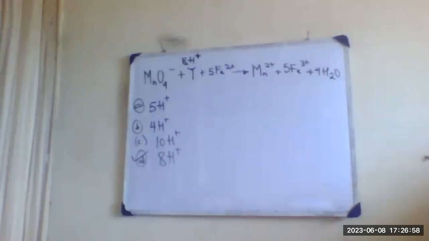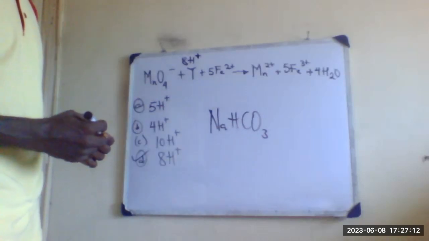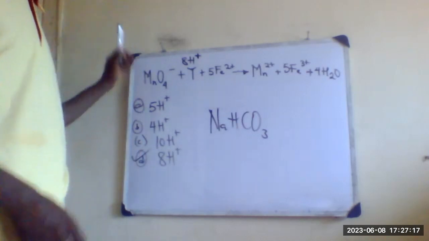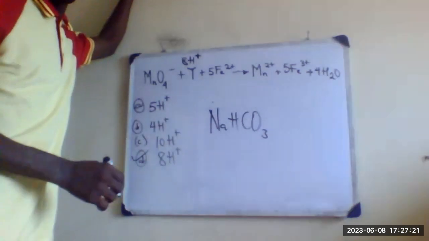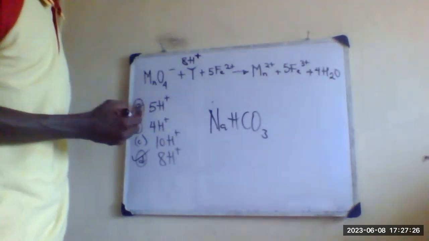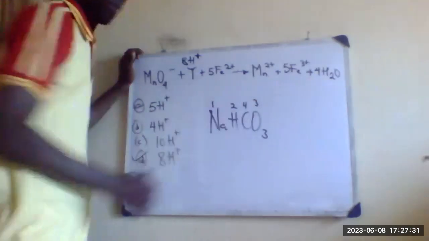But sometimes you can have 4 elements. I didn't mention that, but just let me say, for example, now we have NaHCO3. This is 4 elements in a compound.